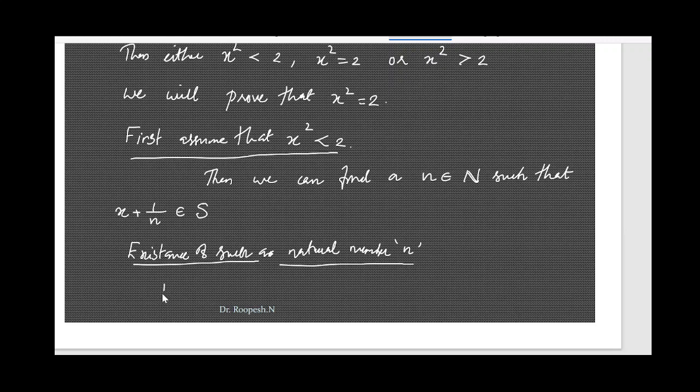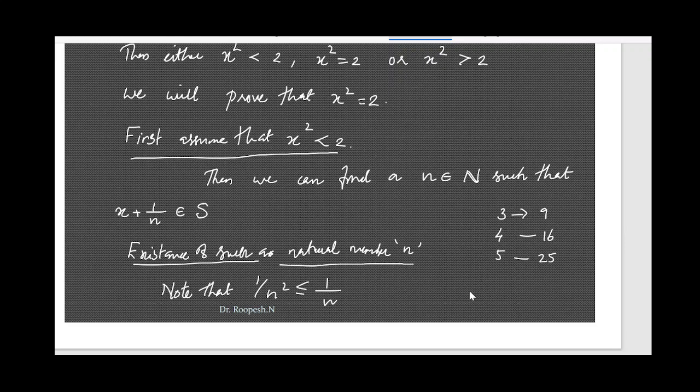So, for that, first we will note that 1 by n square and 1 by n, which is greater? Of course, 1 by n square is less than or equal to 1 by n, because you can take 3, 4, 5, etc. Now its square is going to be 9, 16, 25.